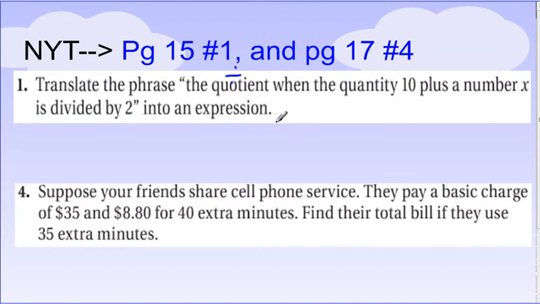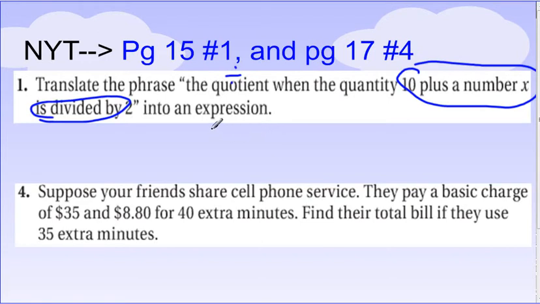So what I'm imagining in my head is I have this 10 plus a number x being divided by 2. The quotient, which is a division, when the quantity 10 plus a number x is divided by 2.